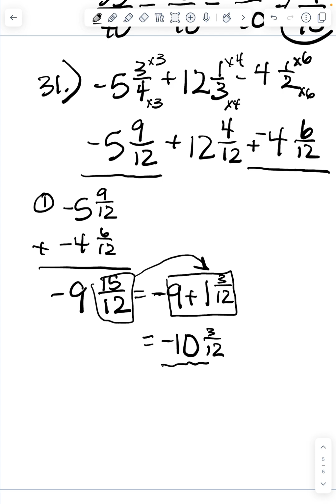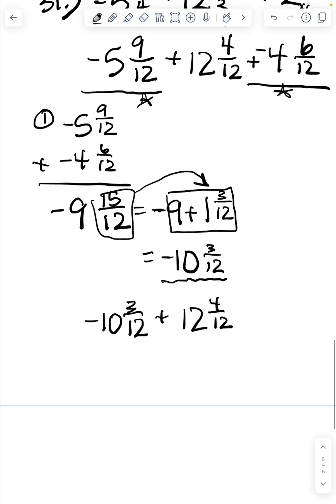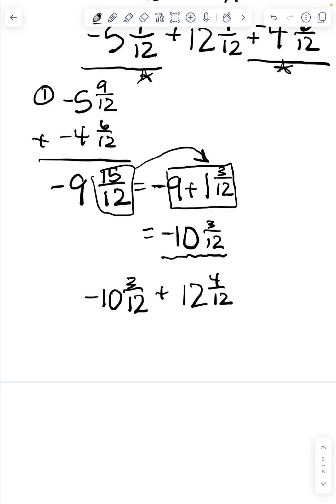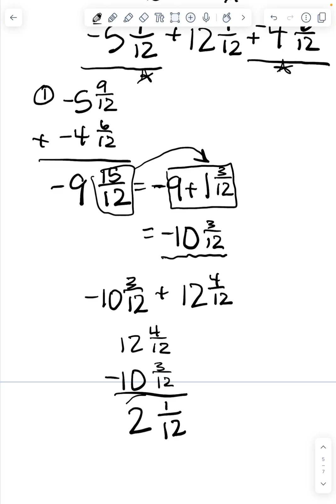This is actually this answer up here when we added these two together. So that means I now have -10 and 3/12 plus 12 and 4/12, which means these are different signs now. So we're going to find the difference. So we're going to do 12 and 4/12 minus 10 and 3/12, which is going to be a 1/12, a 2 and 1/12.